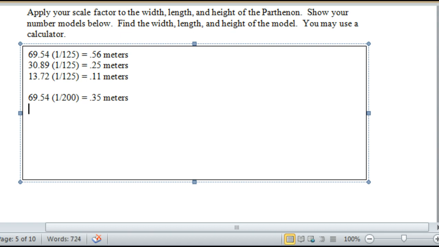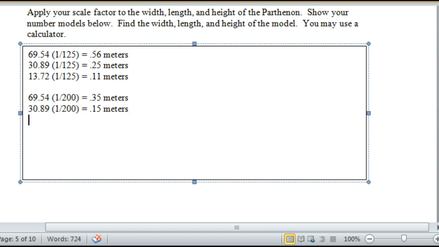Okay, now if we again had to apply the same scale factor to the other dimensions, we're going to do 30.89 times 1 over 200, and we get 0.15 meters. Again, that's going to be about 15 centimeters. So this is certainly a smaller Parthenon, but if you have a smaller foam board, this would work.